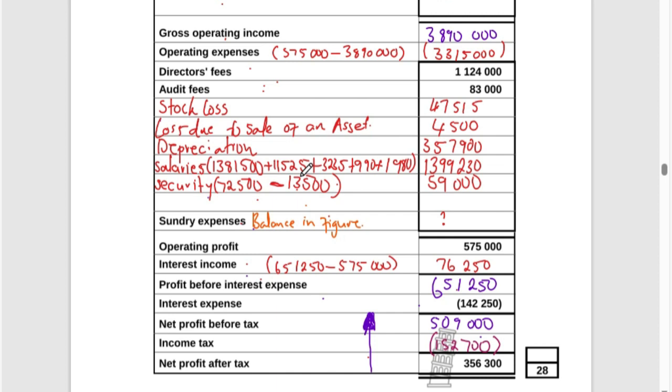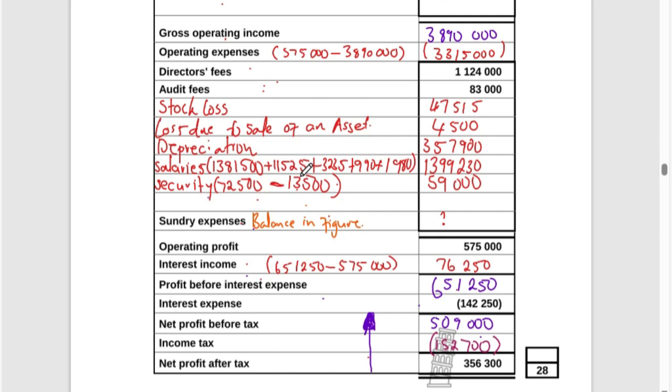3,315,000 subtract 1,124,000 minus 83,000 minus 47,515 minus 4,500 minus 35,710 minus 357,900, and also minus 1,399,230, and also minus 59,000.